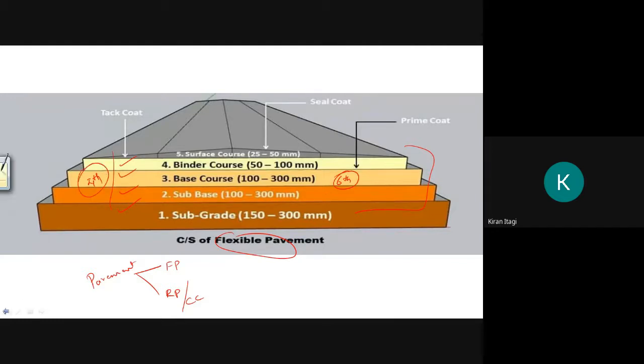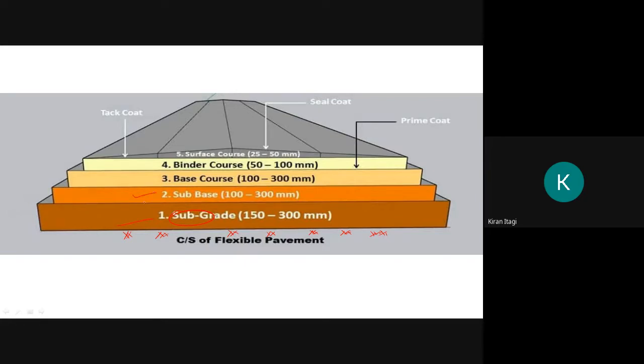So directly going there, first we'll understand what the different layers are. This will be your ground, hard strata, or you can call it the subgrade also. In your flexible pavement, the first layer will be what? Subgrade.